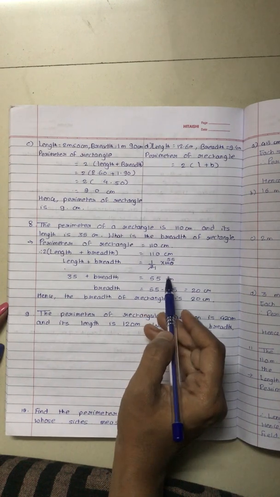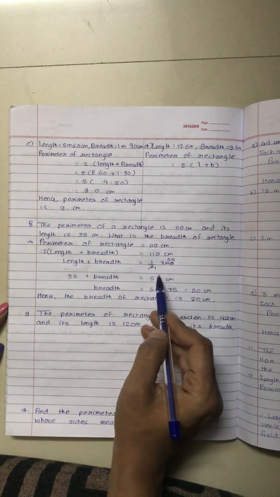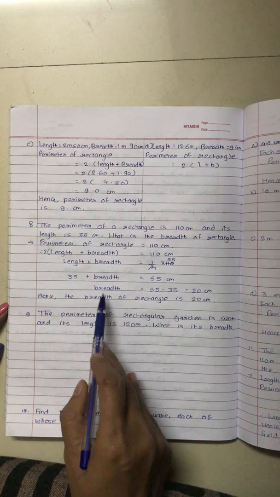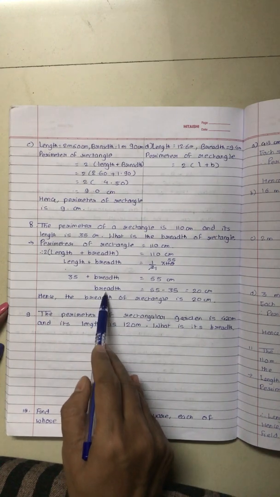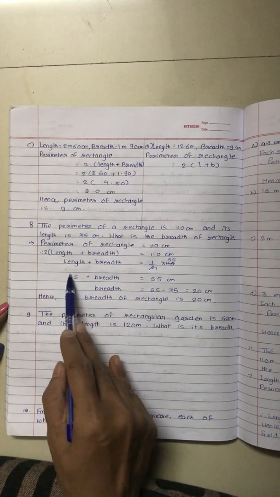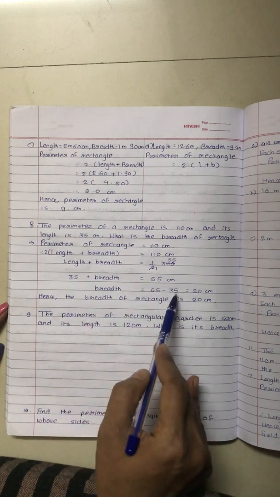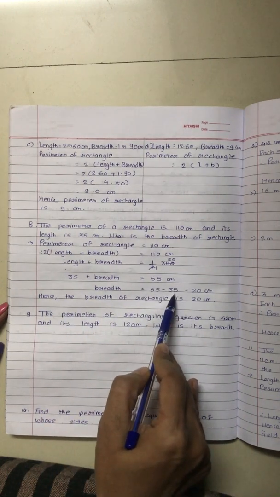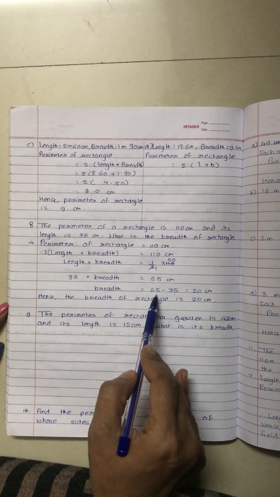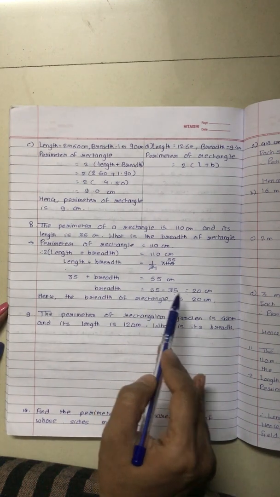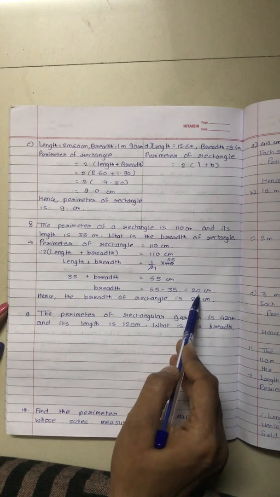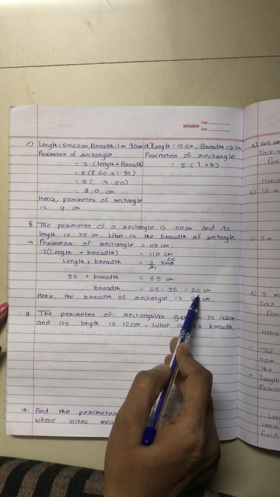So we have got RHS is equal to 55 centimeter. Now for finding the value of breadth, you will just shift this 35 from LHS to RHS, and as it is in addition over here, it will become subtraction in the RHS, and we will subtract 35 from 55, and you will get the breadth is equal to 20 centimeter.